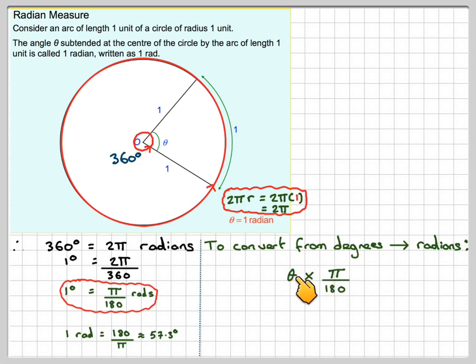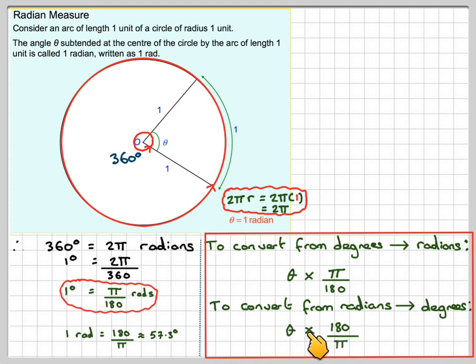And going back the other way, to convert from radians to degrees, if theta is in radians, we multiply theta by 180 over pi. Perhaps to make that a little clearer, theta in degrees times pi over 180 converts it to radians, and theta in radians times 180 over pi changes it back to degrees.